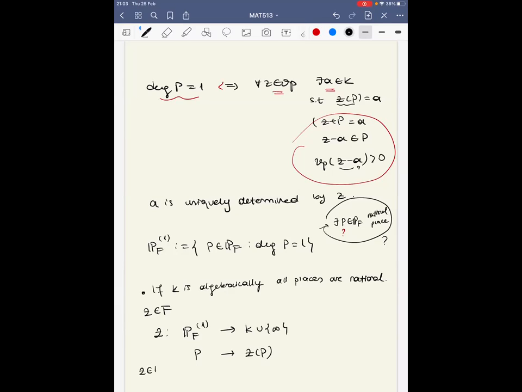Again in this case, if z is a function from the full constant field, since it has trivial intersection with all places, for each place we always have, let me denote it by A plus P, and the image is always the same. So this is why K tilde is called the full constant field.